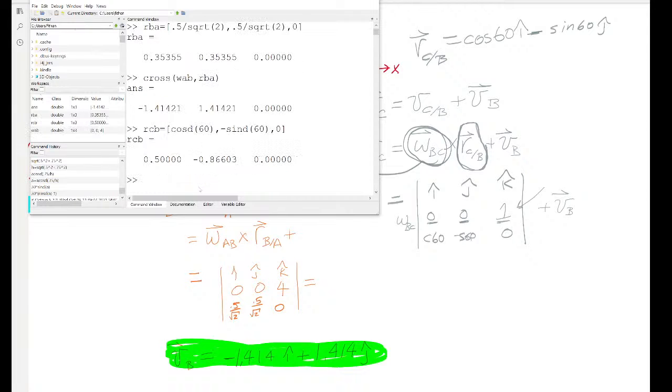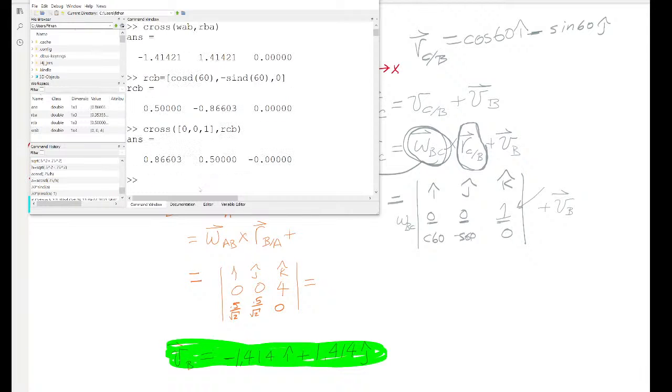So you get that vector. Now what I'm going to do is cross the first vector, which is 0, 0, and usually I'd put an omega BC here, but I don't have that, so I'm going to put a 1, and I'm going to cross that vector with RCB.